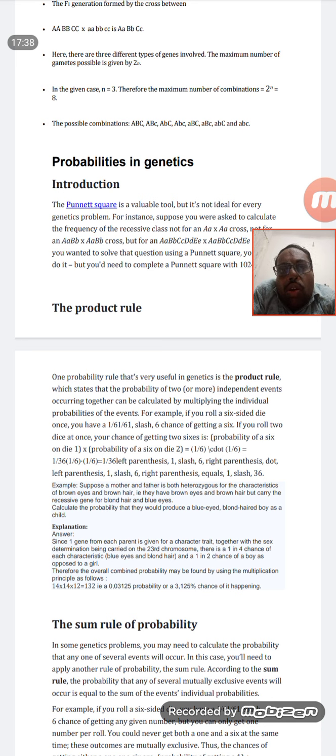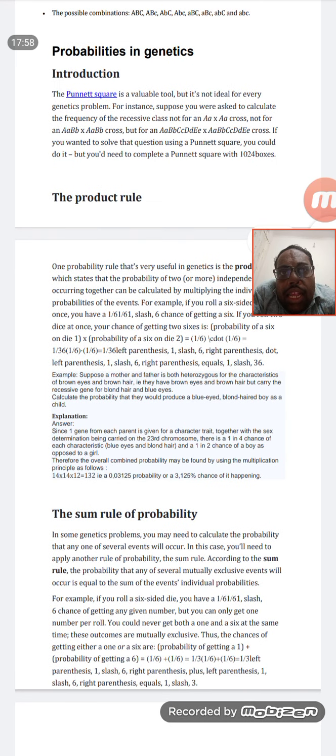A Punnett square cannot be used for those. So in order to do that, we will be using the basic rules of probability. One is the product rule and another one is the sum rule, that means the multiplication and addition rules.